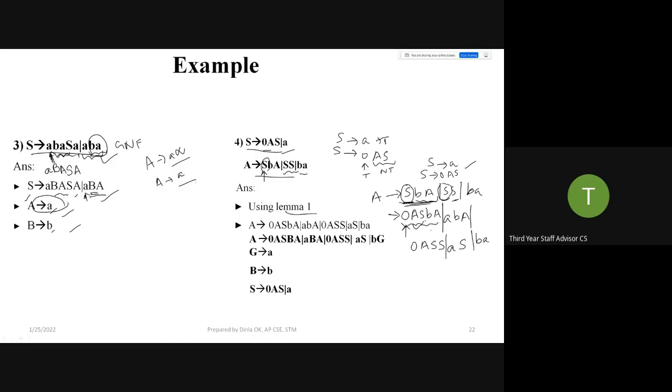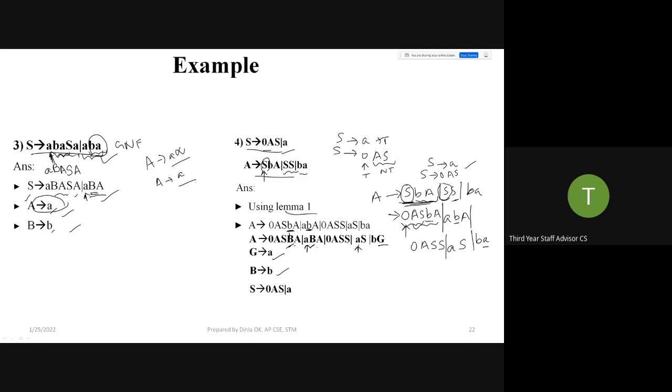Now what can we do? We can replace the middle part with a non-terminal, that is, I give G here. So G implies A. So what came here is BA. Then where else do we need to change? A, nowhere else, because this is a first terminal A. And here also it is the first terminal followed by a non-terminal. So we do not need to change these A's. But here we have a B terminal, so we have replaced it with a terminal and non-terminal B. B implies B. Once given, the non-terminal B came here.